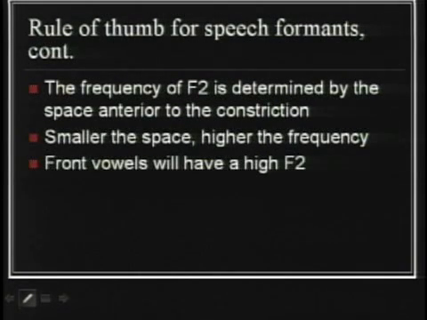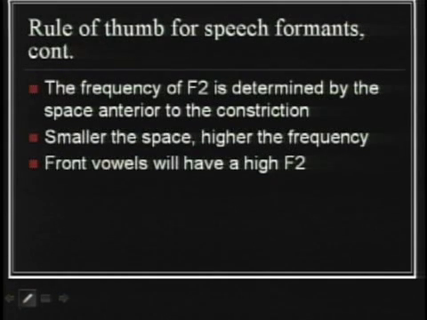By comparison, just think about the extremes, you go to ah, which we know has a tiny pharyngeal space, that means it has to have a huge space in front of the constriction. A huge space in front of the constriction means that F2 is going to be really low. Lots of resonating space in front of where the tongue is.